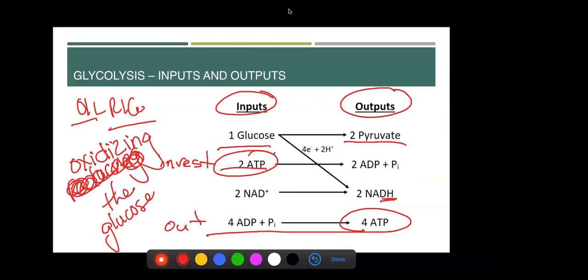Or I should have done my little oil rig in my head. This is being reduced. We're reducing our NAD plus. Remember when I said you can't have one without the other? We're oxidizing the sugar. So this is a complete oxidation process of pulling electrons off of sugar. We're harvesting those electrons. We haven't done a whole lot in glycolysis.